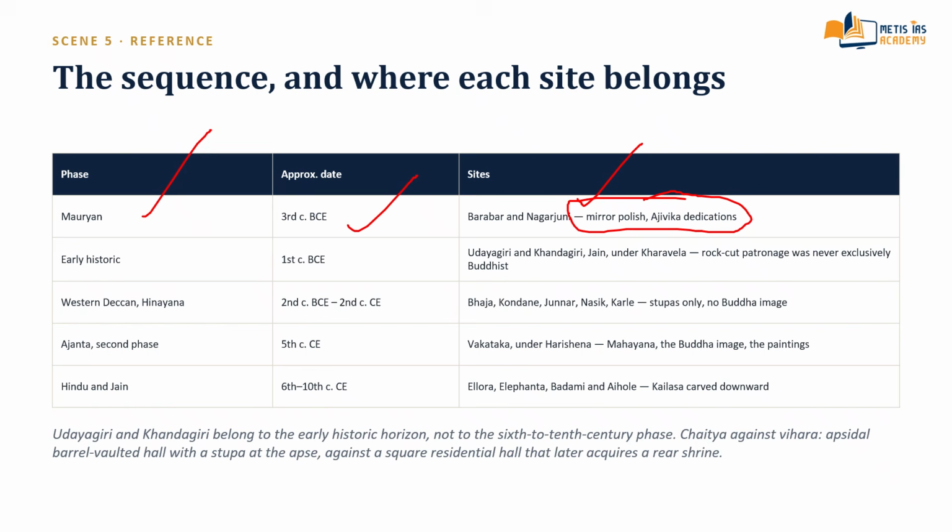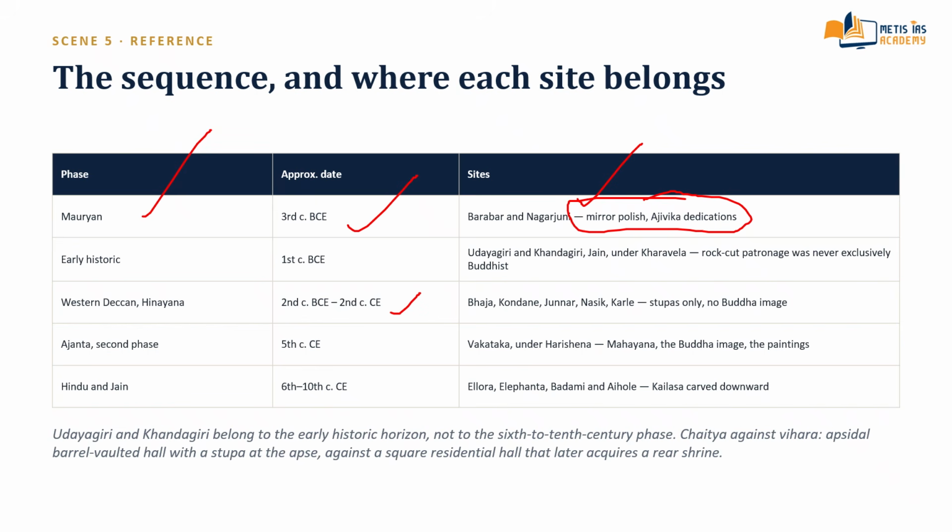Then move to the 2nd century BCE to 2nd century CE, the western Hinayana phase: Bhaja, Kondane, Pitalkhora, Junnar, Nasik, Ajanta's earliest caves, culminating in Karle, the largest and the finest Chaitya hall in India, with its great facade of mithuna couples and its surviving timber ribs.